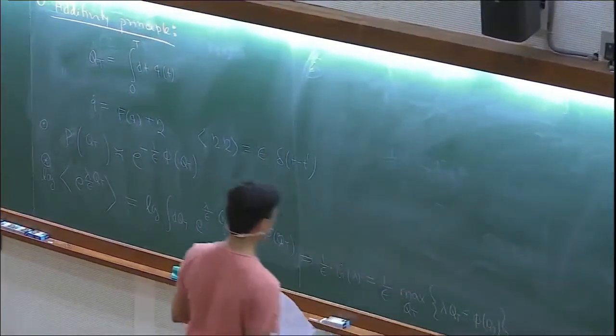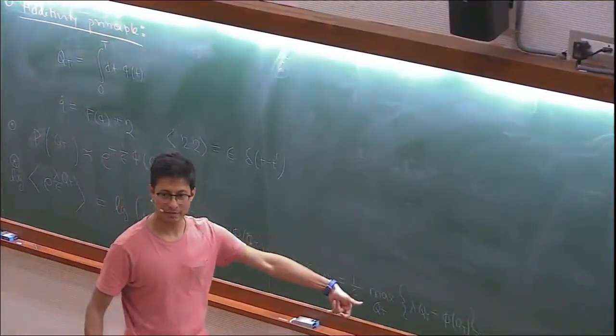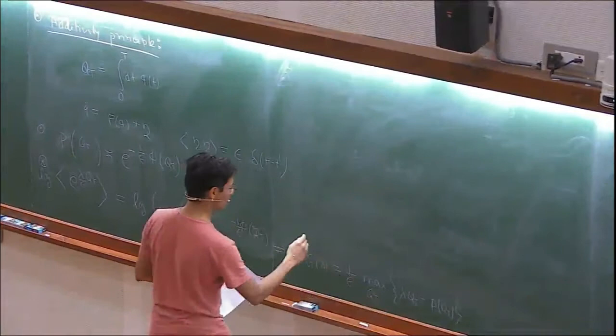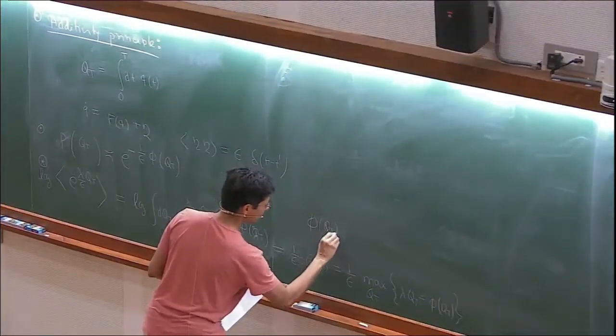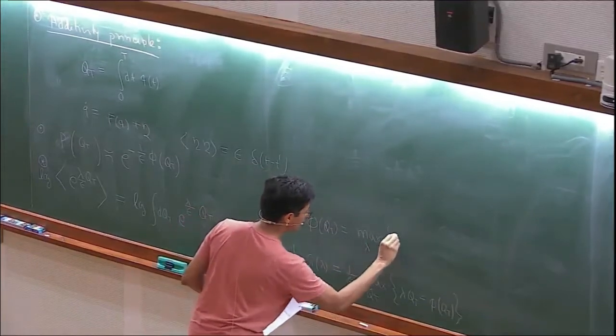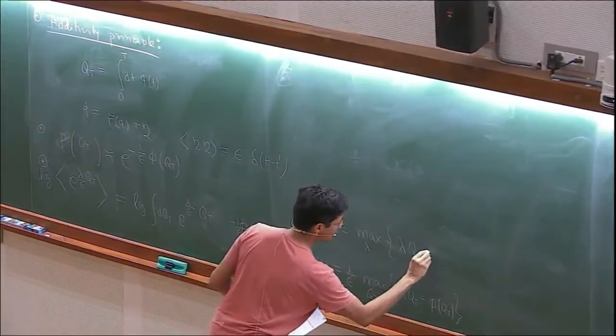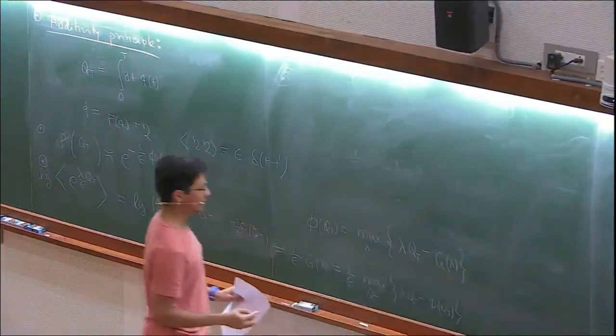The reason is that if I know g of lambda, I take the reverse Legendre transform, which would simply be that phi of qt is again the maximum over lambda of lambda qt minus g of lambda. Okay, so this is what we want to do.